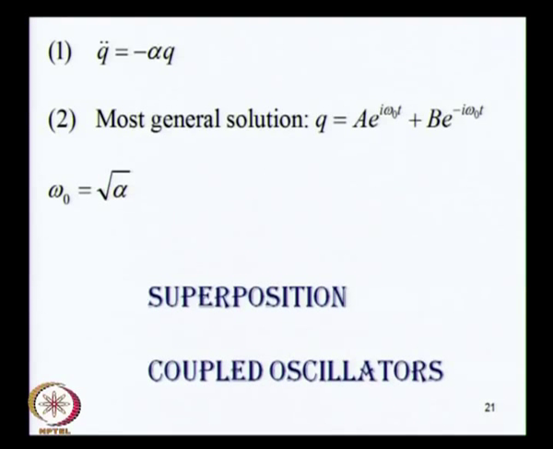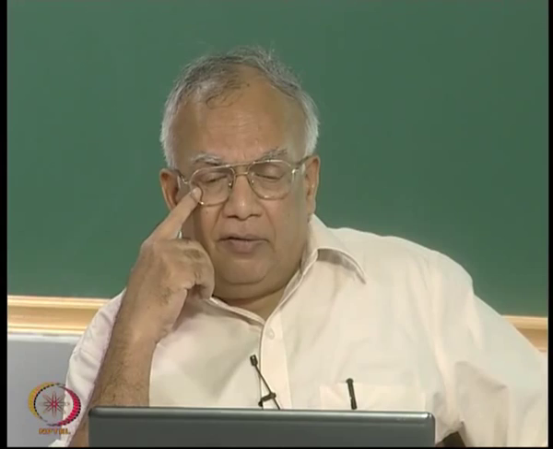Now, we will talk about coupled oscillators, because one of the very fundamental principles in physics which holds in a large number of physical phenomena, not that it holds in every case, is the principle of superposition. It is a very strong principle in physics, and a large number of physical systems are governed by it, and we will now discuss it in the context of coupled oscillators.